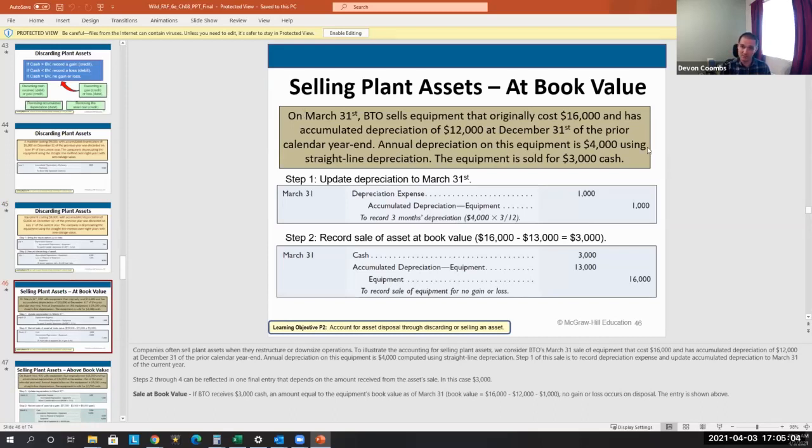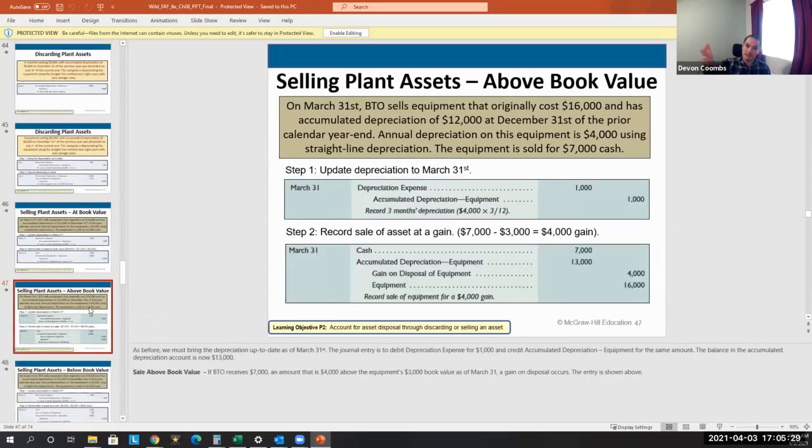The annual depreciation is $4,000 a year, and we're disposing of it on March 31st. We sell it for $3,000 cash. It all balances. We debit our cash 3,000, what we're getting. We debit our accumulated depreciation, and we credit our equipment. So there's no gain or loss. We just write off the accumulated depreciation and the equipment, and we get the cash.